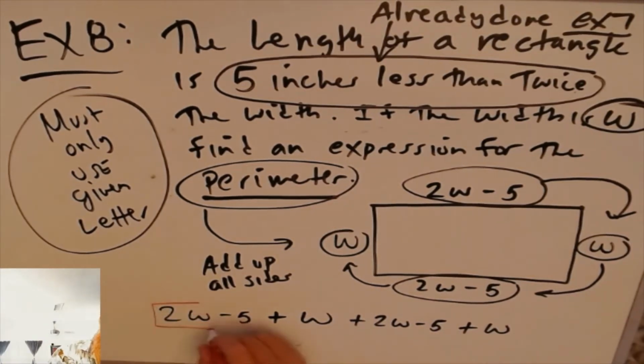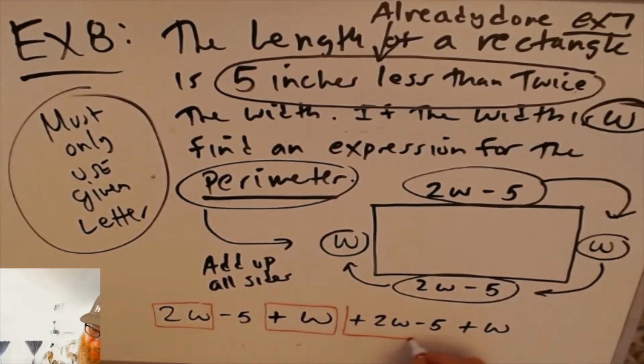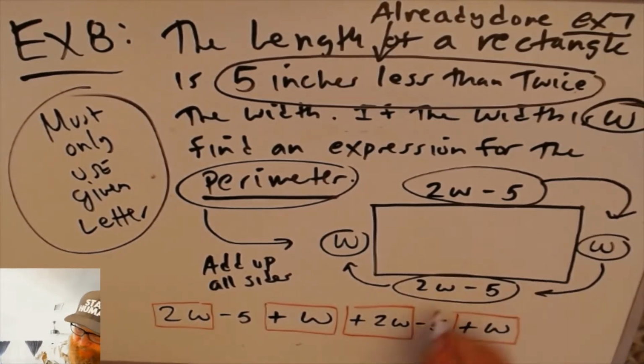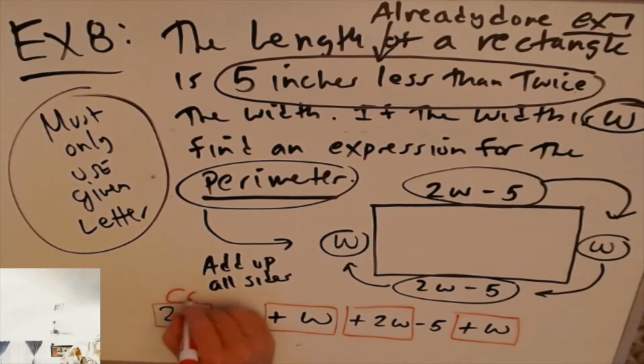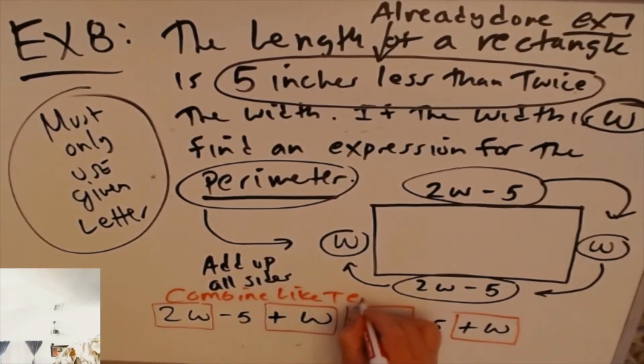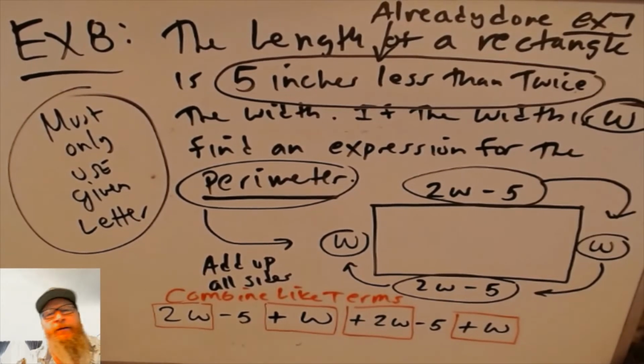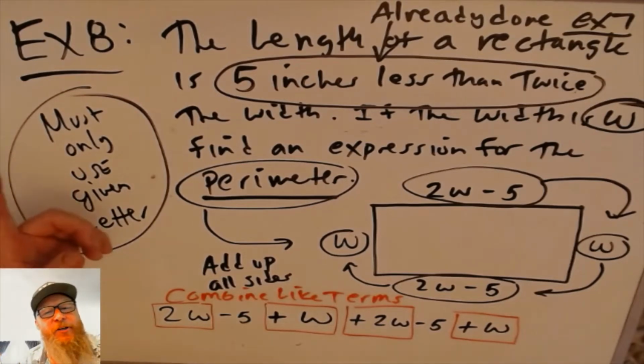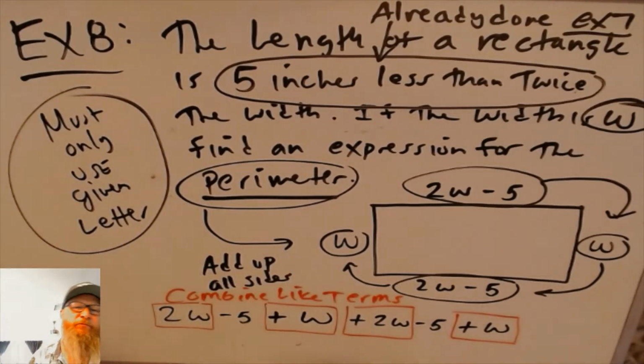So these are what we call like terms. We're going to combine the like terms. I'll give you a more precise definition of like terms in a minute. For now, just think of like terms just means that they have the same letter. They're like.